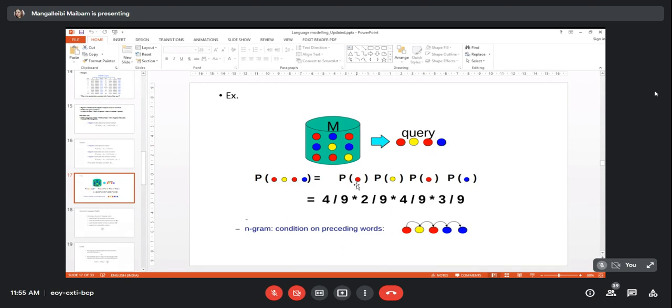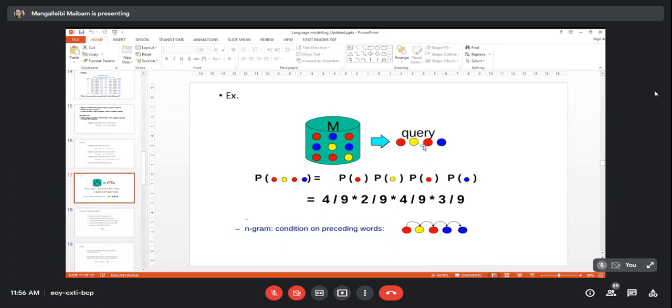Now, the same way we found the probability distribution in the earlier example, we find the probability for red: 4 divided by 9. Probability for yellow: 2 divided by 9. Again, probability for red: 4 divided by 9. And probability of blue: 3 divided by 9.